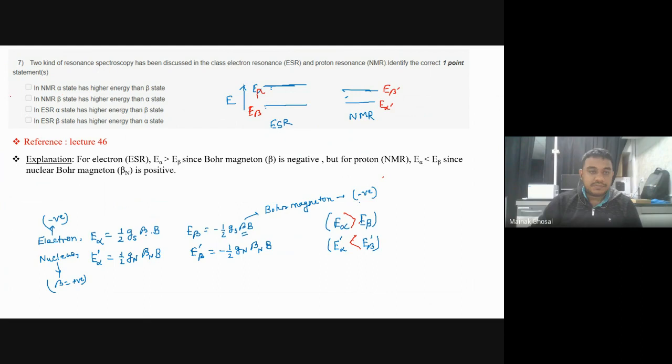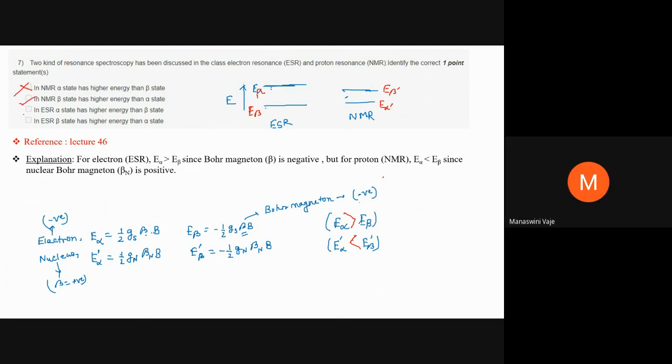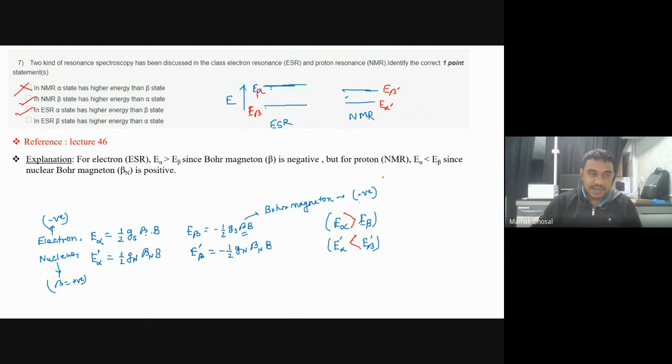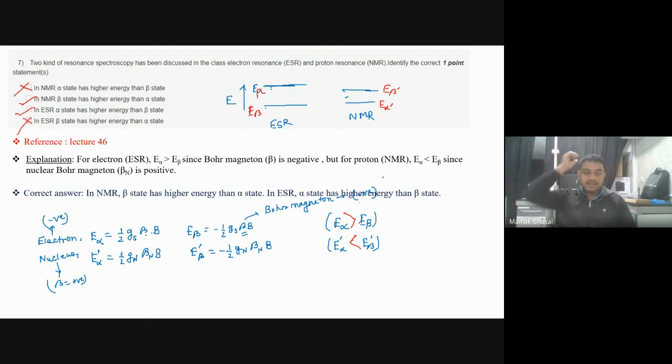Is this true? No. In NMR, the beta state has higher energy than the alpha state, right? In ESR, the alpha state has higher energy than the beta state. This is right. ESR beta state has lower energy than alpha state. This is not possible. So this is the answer. Okay. So NMR beta state has higher energy than the alpha state, and ESR alpha state has higher energy than the beta state. Got it?